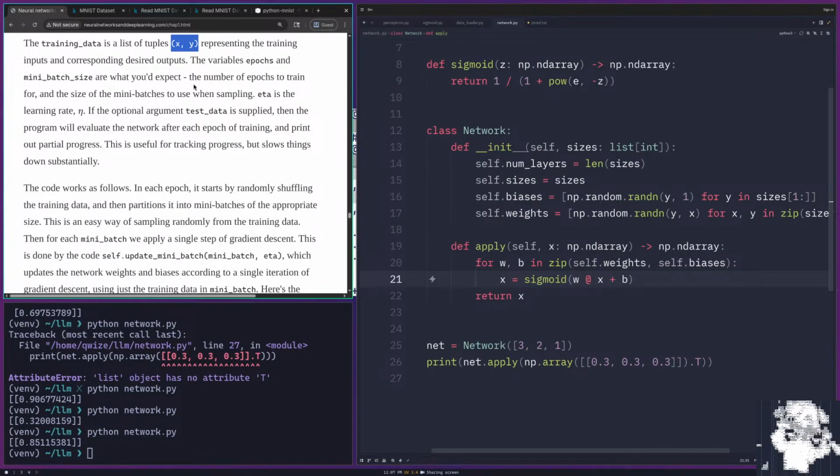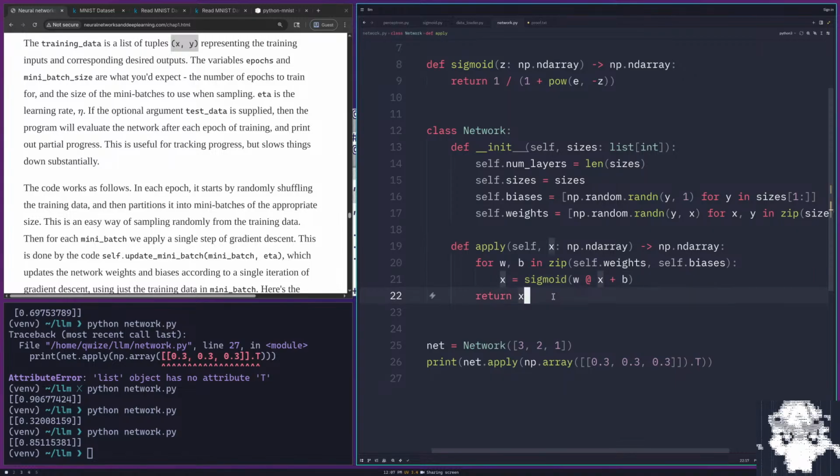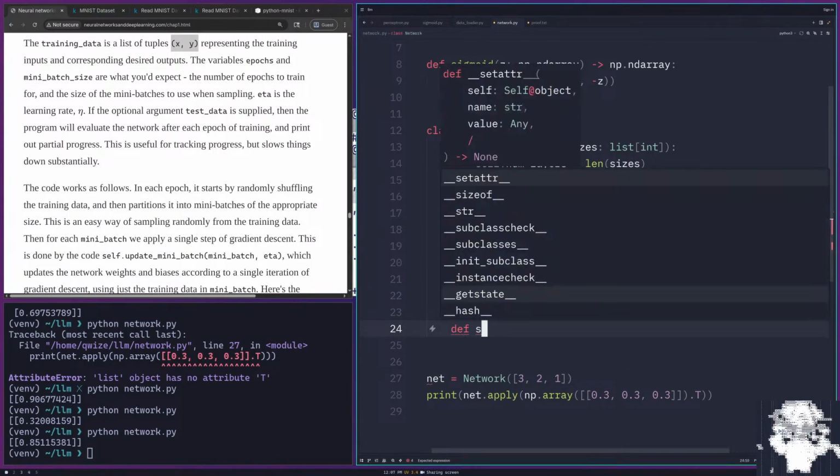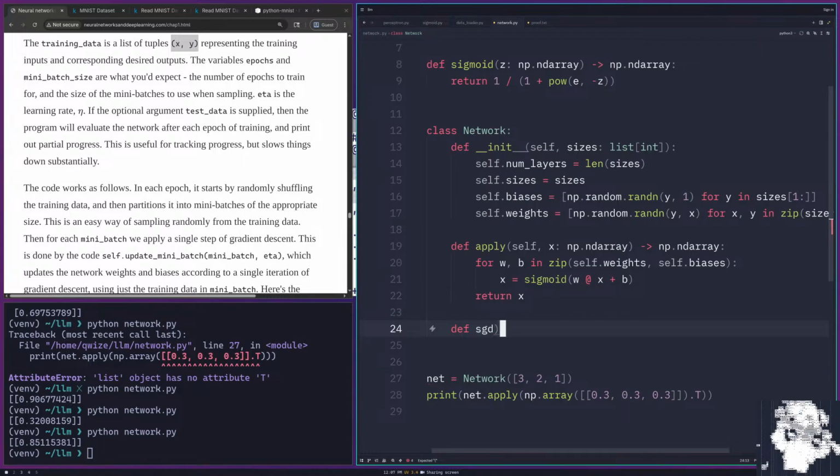Okay, so I'm guessing we've got def stochastic gradient descent on self, which is going to use training data, which has a really complicated type.